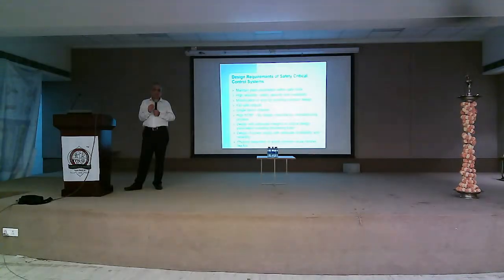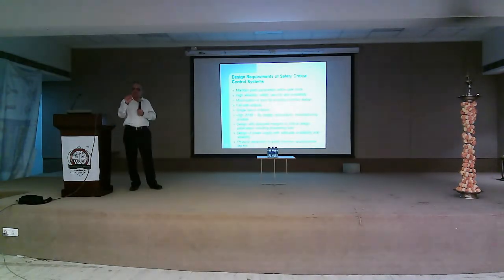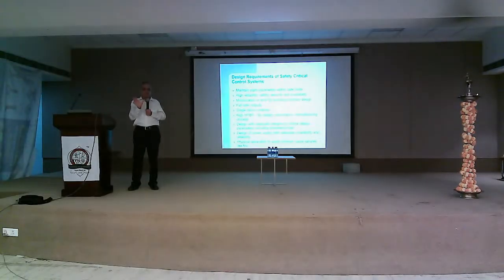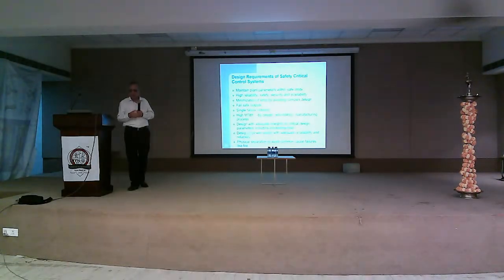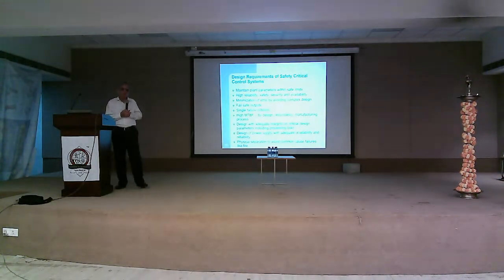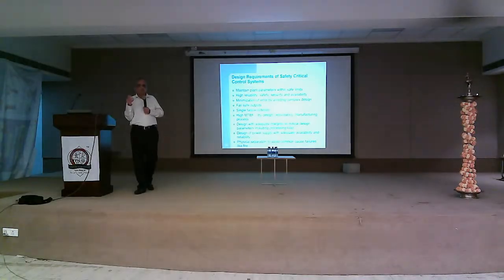For analog systems, we will have a median selection. All three outputs will go and we find the median. Median means the middle value. And for all the digital outputs, we use 2 out of 3.